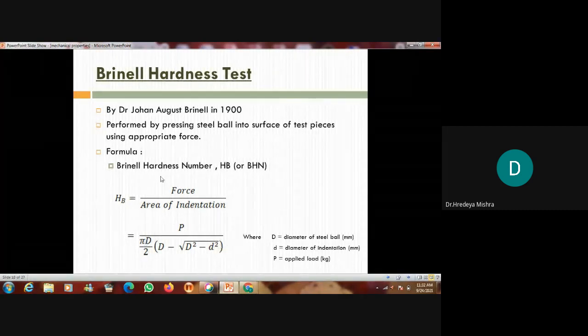The variables are only small d and P. Pi is a constant and capital D is a constant.